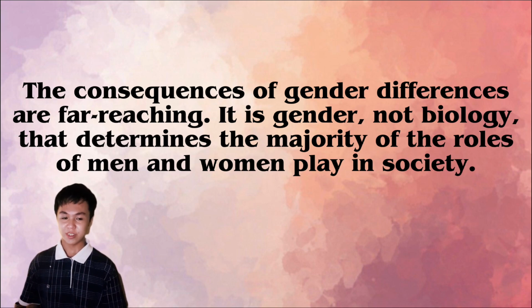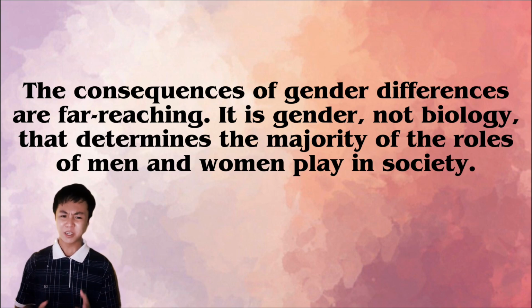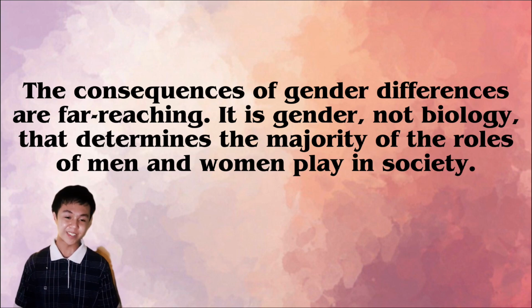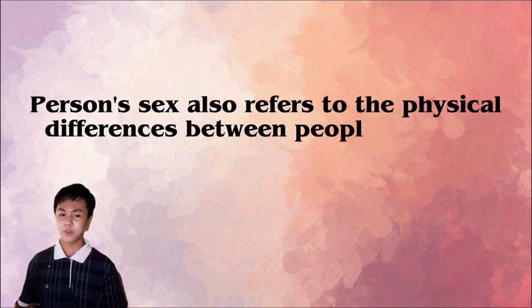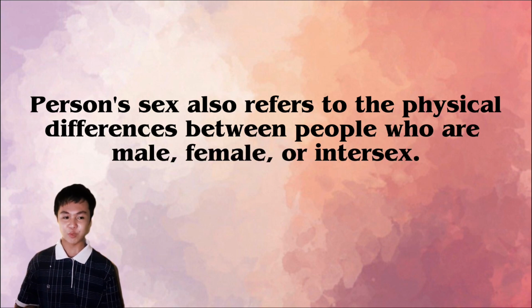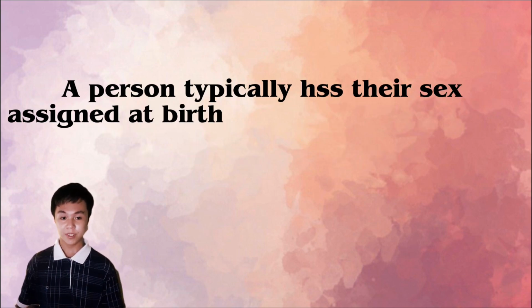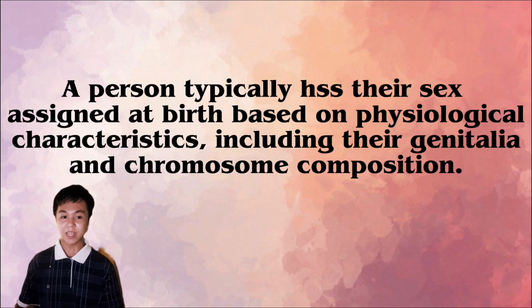It is gender, not biology, that determines the majority of the roles men and women play in society. A person's sex also refers to the physical differences between people who are male, female, or intersex. A person typically has their sex assigned at birth based on physiological characteristics, including genitalia and chromosome composition.